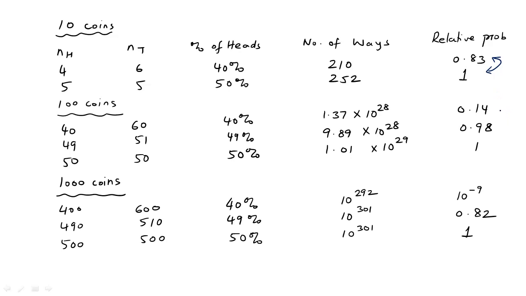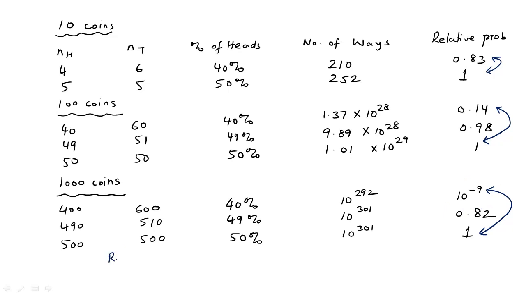The probability of the MPD is much larger than 40% heads when we go to 100 coins, and in the case of 1000 coins, the probability of the most probable distribution is much larger than that of getting 40% heads. In fact, the probability of getting 40% heads is trivially small when we go to 1000 coins.